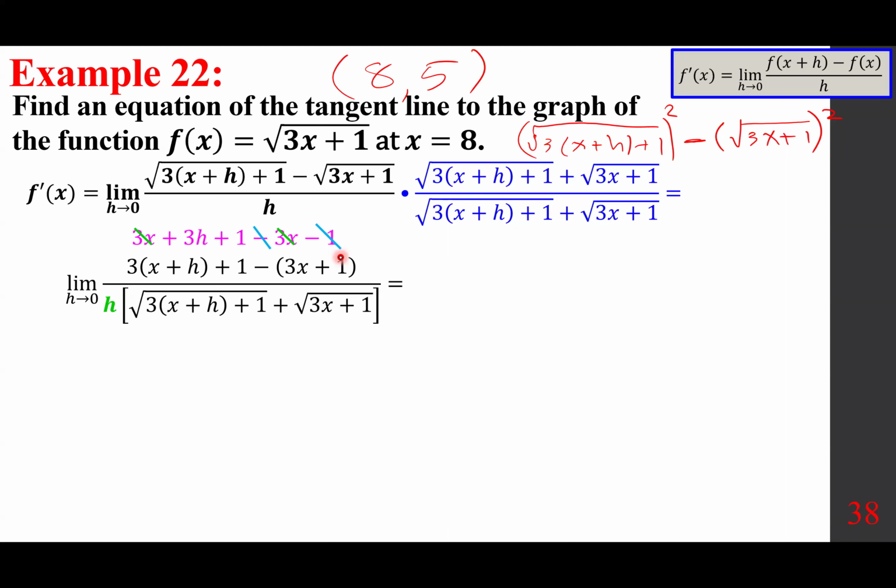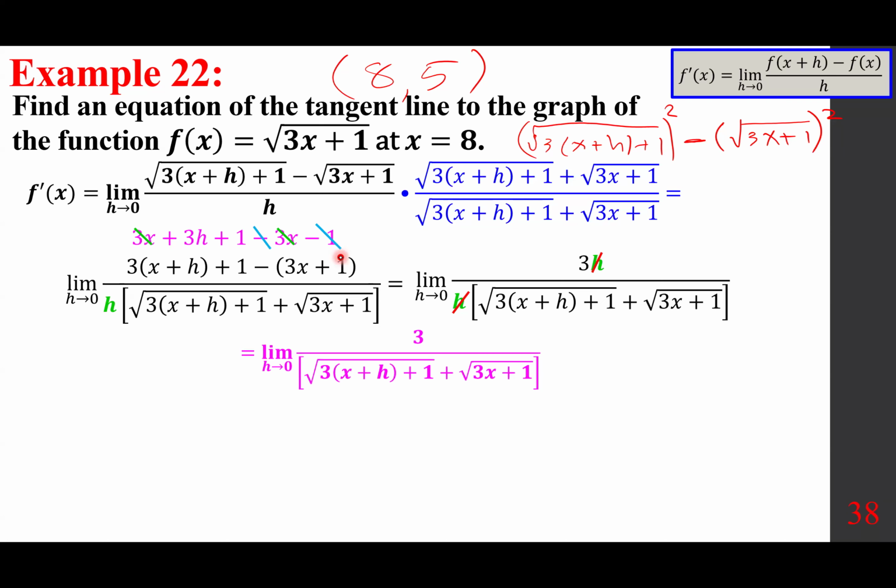And we are left with 3h in the numerator. The h drops. Now we can apply h equals 0. When we do that, this becomes square root of 3x plus 1. Therefore, we have two of those now. And f prime becomes 3 over 2 square root of 3x plus 1.